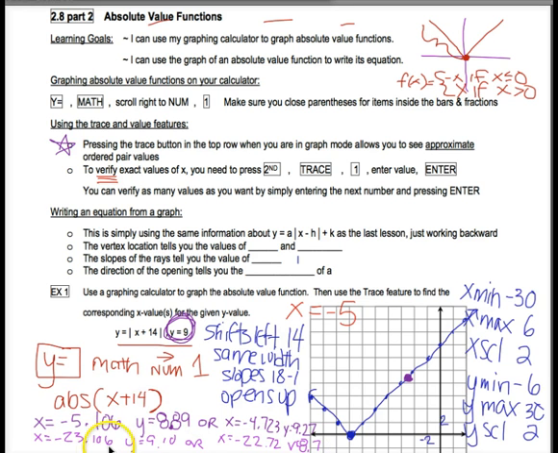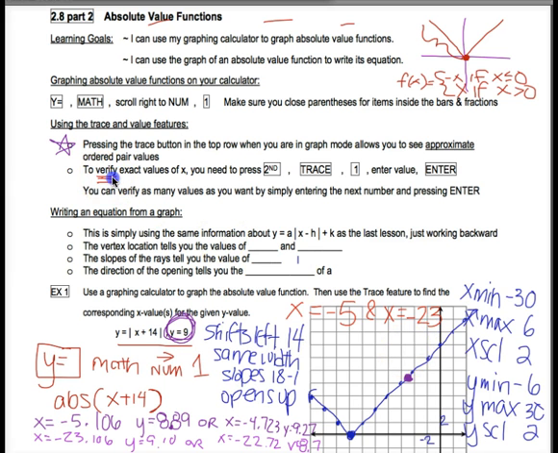So again, we can look at this and make a very educated guess. If it's between negative 22.72 and negative 23.106, we can probably say that we think x equals negative 5 and x equals negative 23.